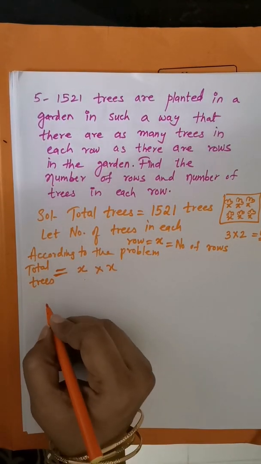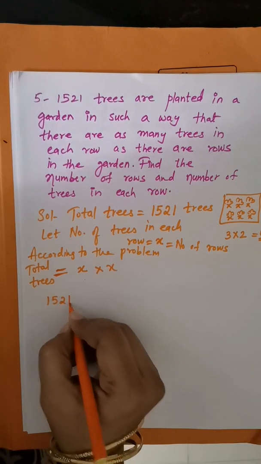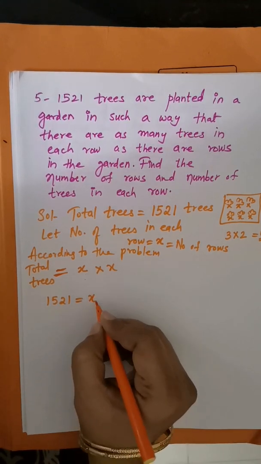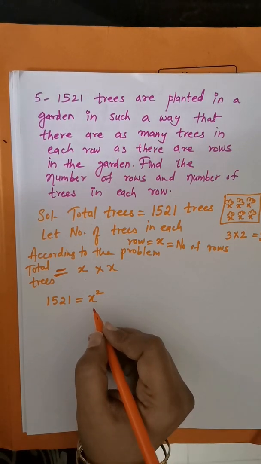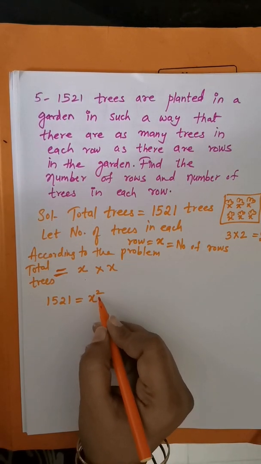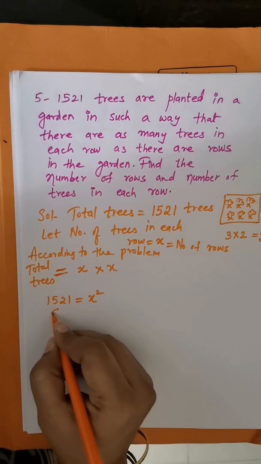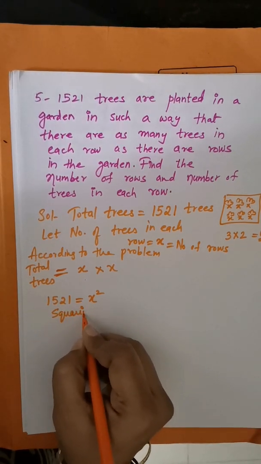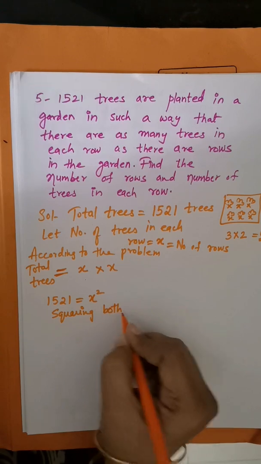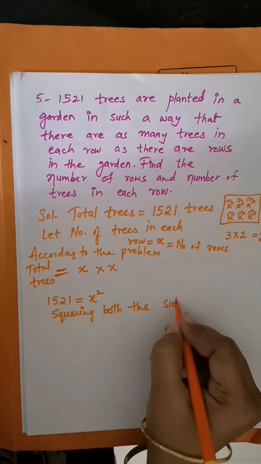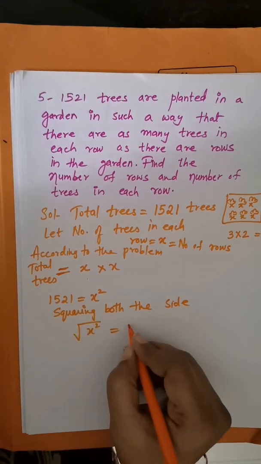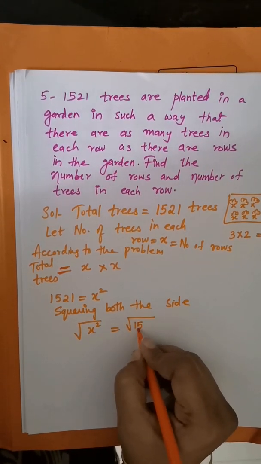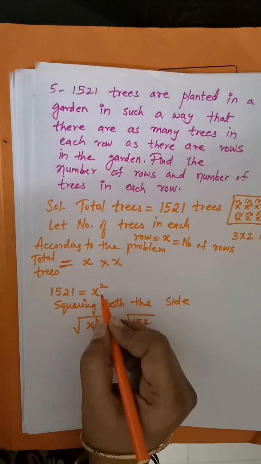Okay, so how many trees are there? 1521. It is equal to x into x, that is x square. Now we want to know the value of x. So for removing the square, what we have to do is take the square root on both sides.